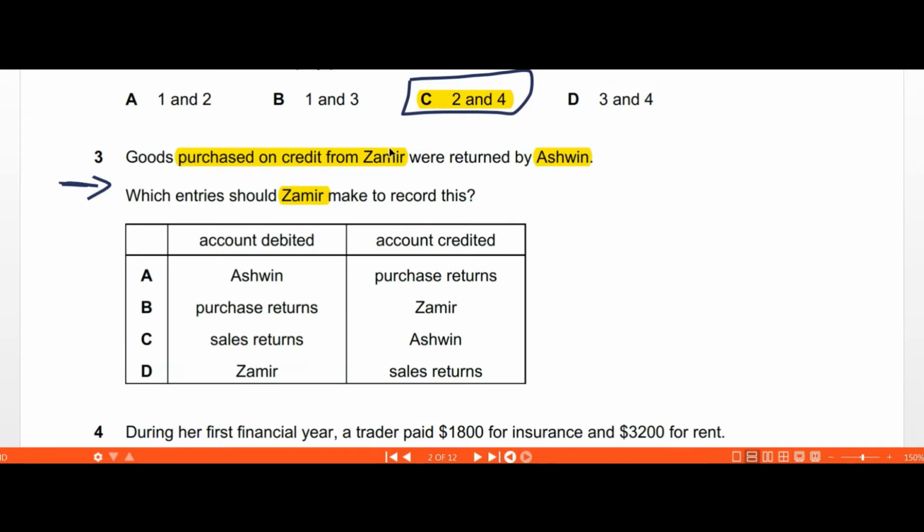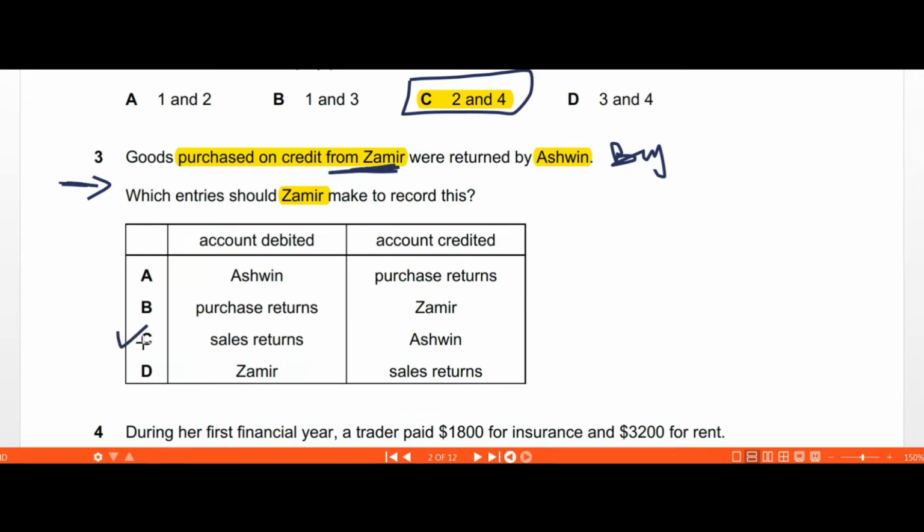So Zamir, like we said, is actually the supplier and Ashwin is the buyer. So Zamir has to record this entry. Now the account that needs to be debited over here is definitely sales return, because Ashwin is returning goods to Zamir. So we only see one option with that, sales return is debit and Ashwin account will be credited.